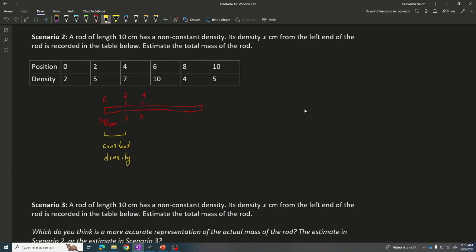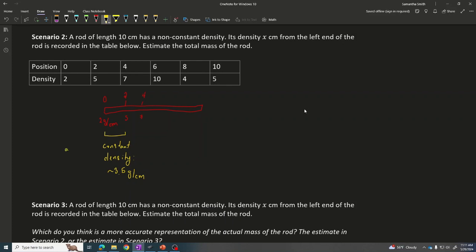You could assume, for example, that the density of the rod between the left end point and the right end point is somewhere between 2 and 5. Like maybe you decide to estimate that it's about 3.5 grams per centimeter. Maybe you decide to average the density on the left and the density on the right.